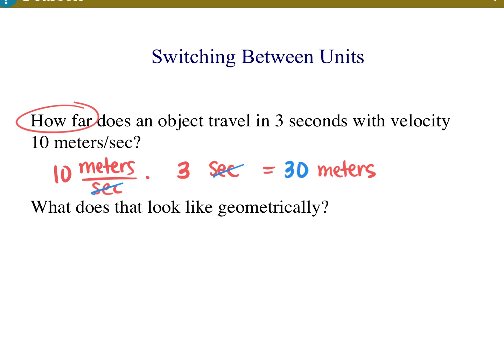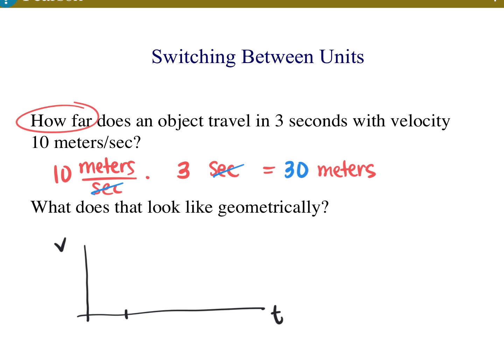So geometrically, what does that look like? I want you to sketch a velocity graph, which would just have two axes. Time is always going to be your horizontal axis, and velocity is the vertical axis. So velocity is given as a constant of 10, and time is given as an interval of 3.